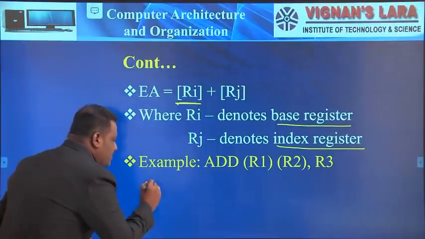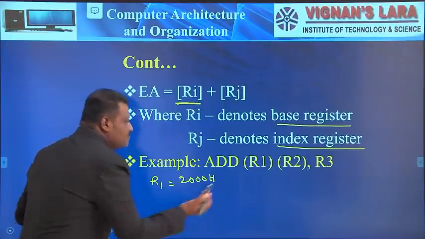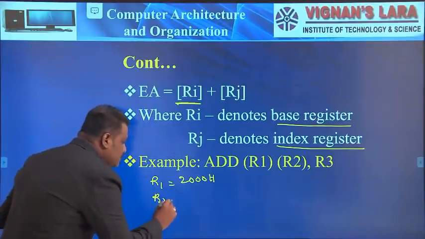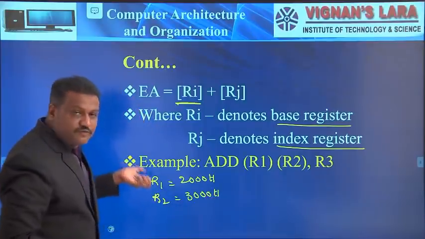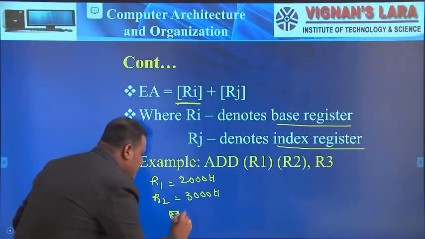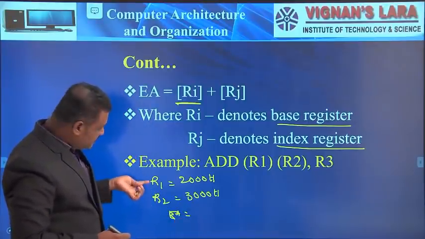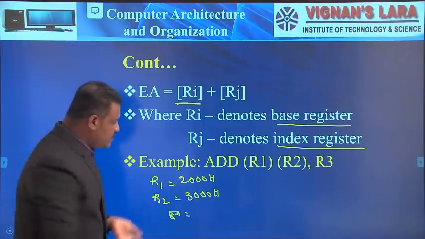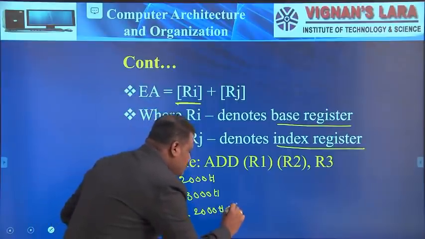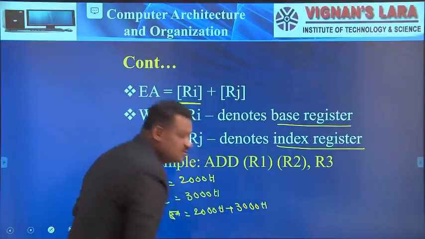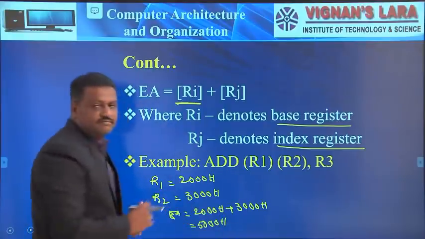For example, R1 has the value 2000H and R2 has the value 3000H. Then first I calculate the effective address of my data. How do I get this? By simply adding the base register content with the index register content. The base register value is 2000H plus the index register value 3000H. Then the final address is equal to 5000H.